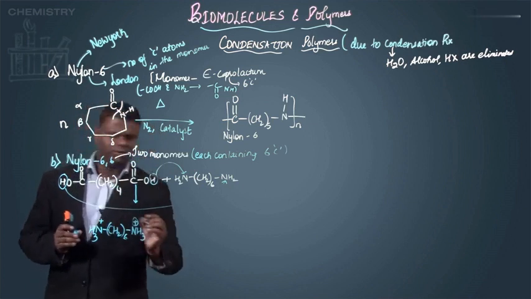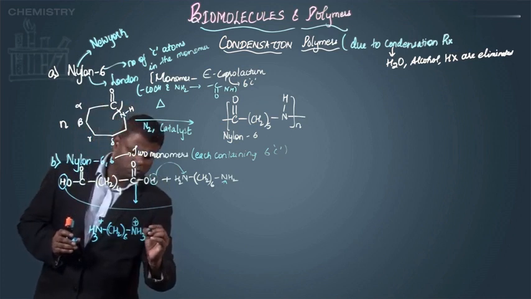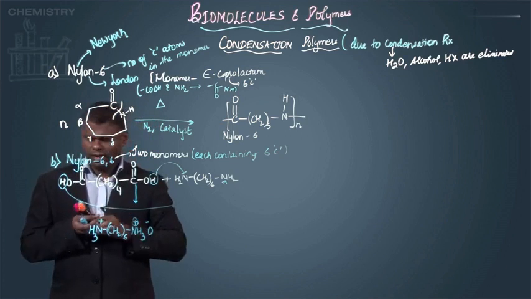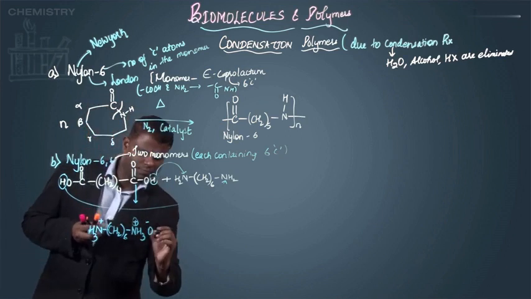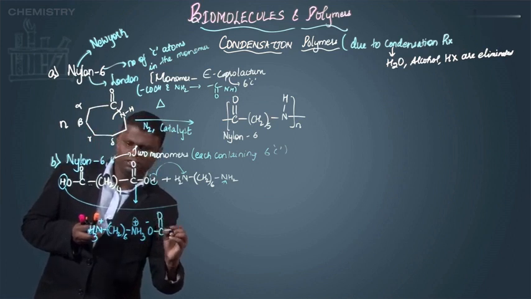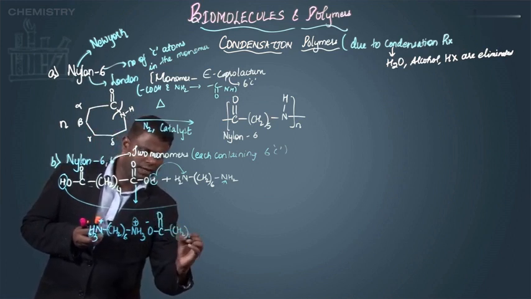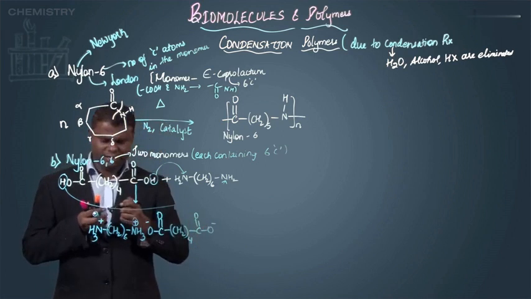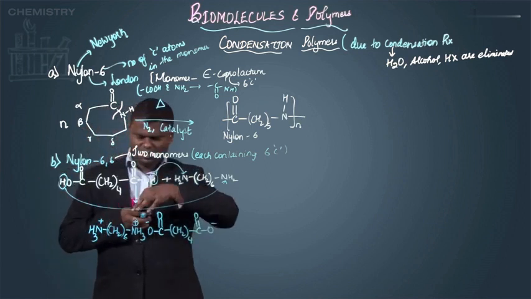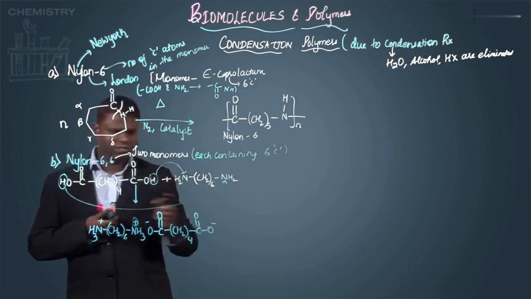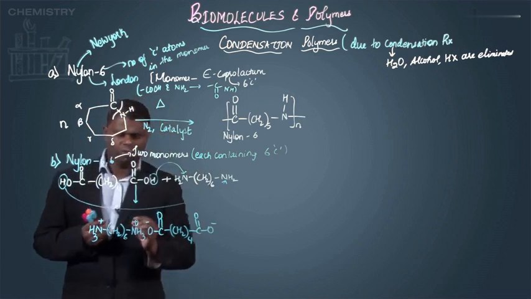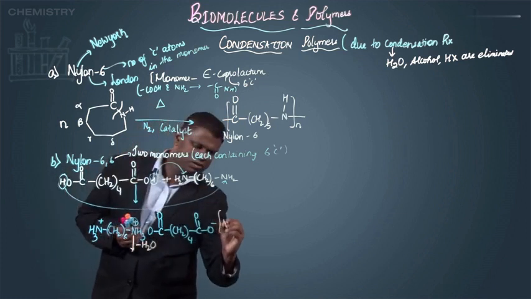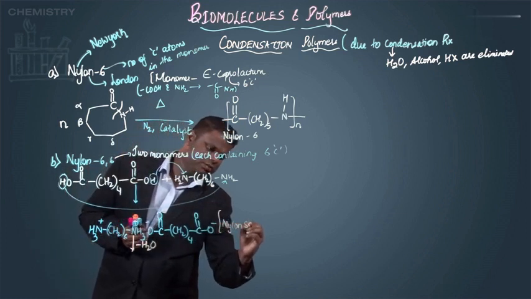Then you have O minus because O has lost a proton, C double bond O connected to CH2 four times, and then C double bond O and O minus. So this is the structure. As you can see, this contains 2 positive charges, so it has to contain 2 negative charges. Now it undergoes dehydration. This you call nylon salt.